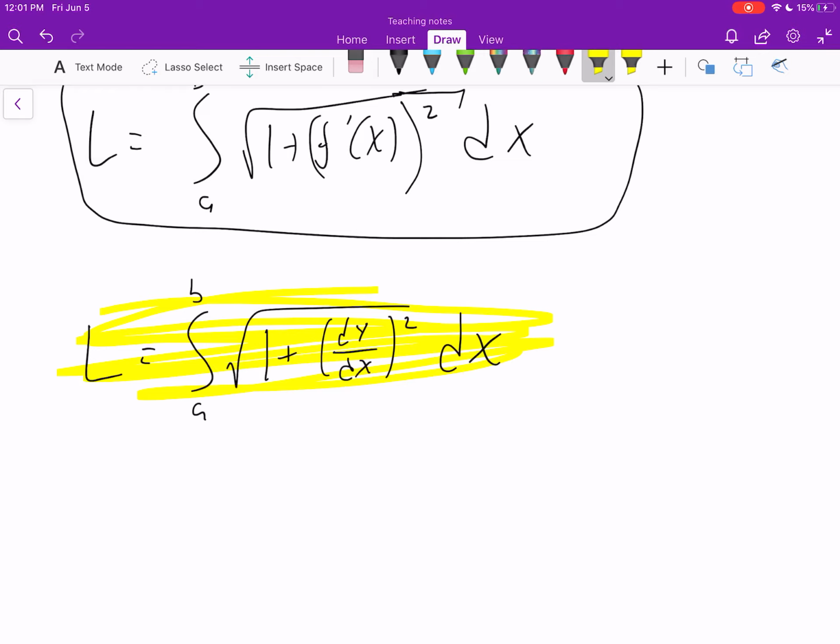But you can kind of see what's going to happen here. It's going to come down to evaluating the integral of this thing, square root of 1 plus dy dx squared. And in order to be able to do that, we're going to have to be handed things that are easy to integrate in that sense. So I'm going to stop here, and we'll do an example next time.